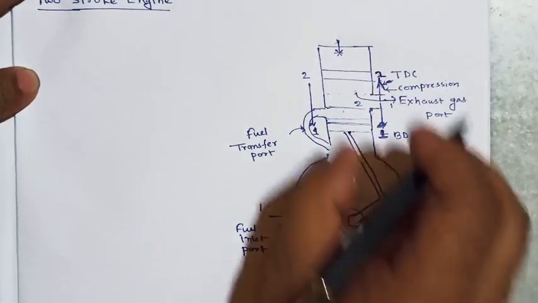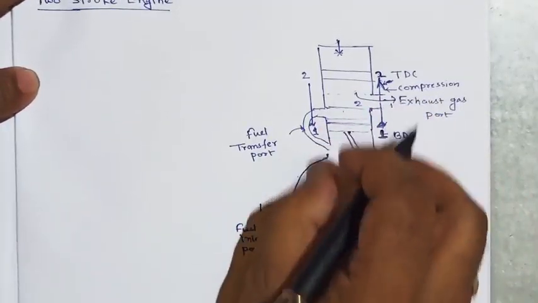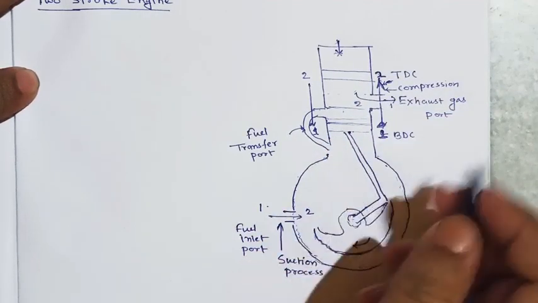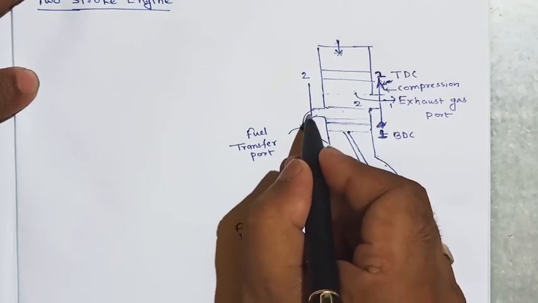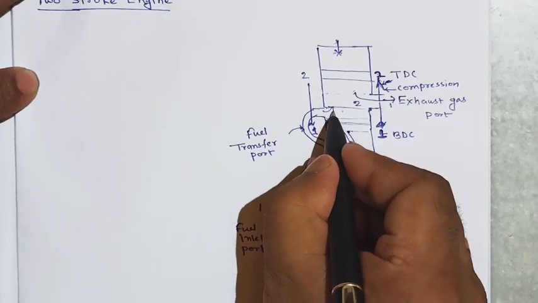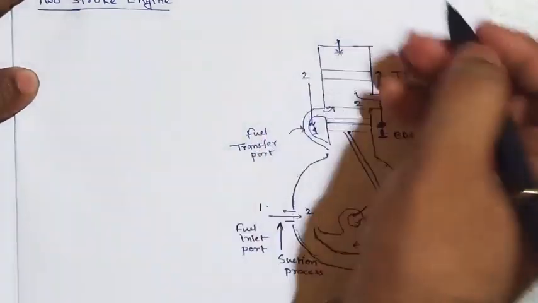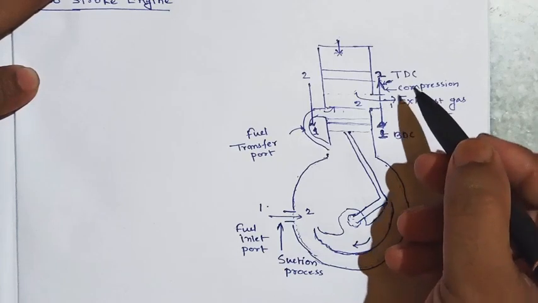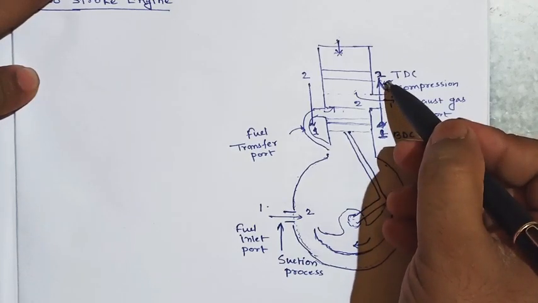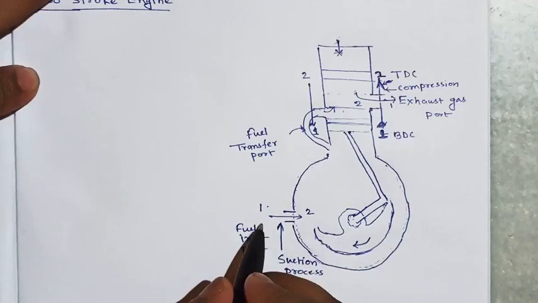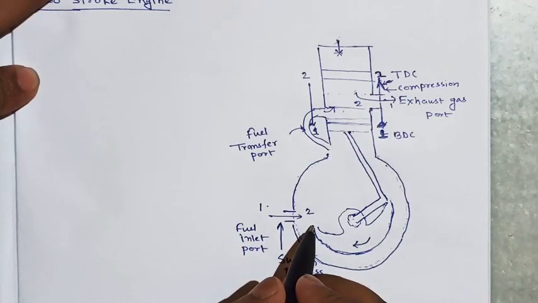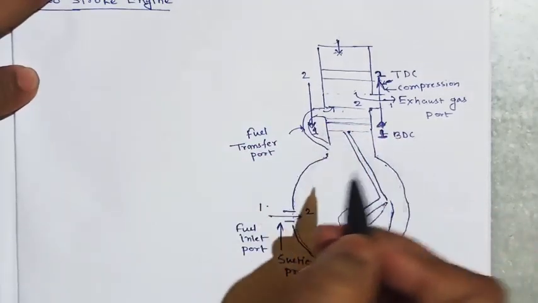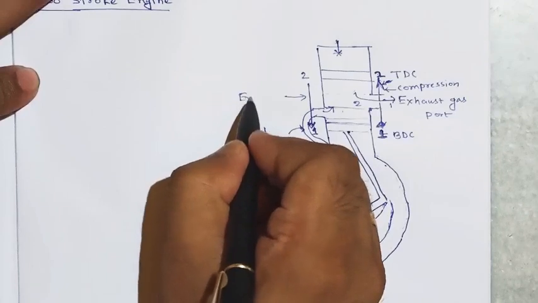So this is the exhaust process, and at the same time pressure will generate here by this piston when it is moving in this direction. Then some of the fuel will be compressed and will pass through this line and enter this cylinder for further combustion. So you can see that this is 1 to 2, and at the same time the suction process takes place here. And when the expansion takes place, that is 2 to 1, this is the expansion process.